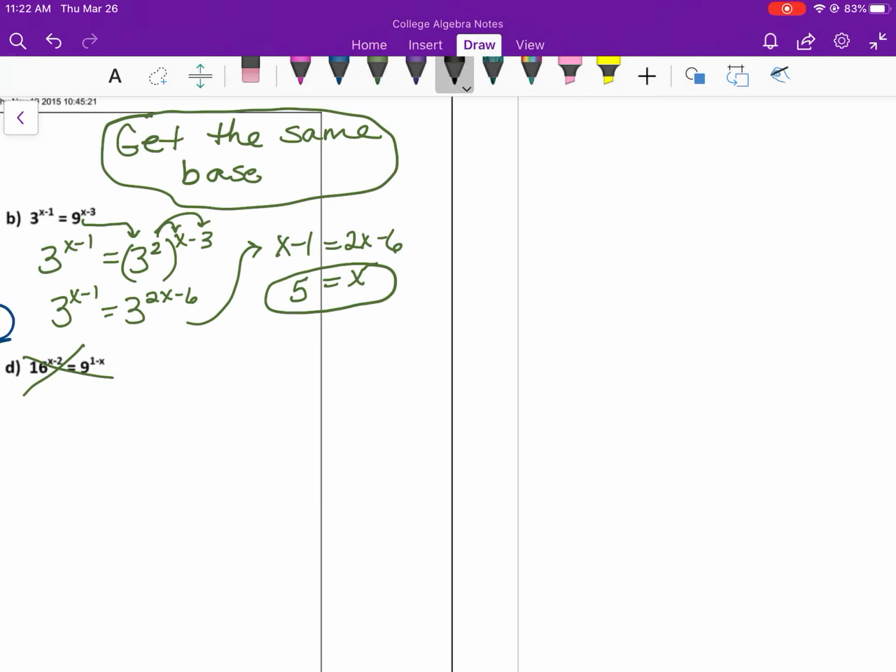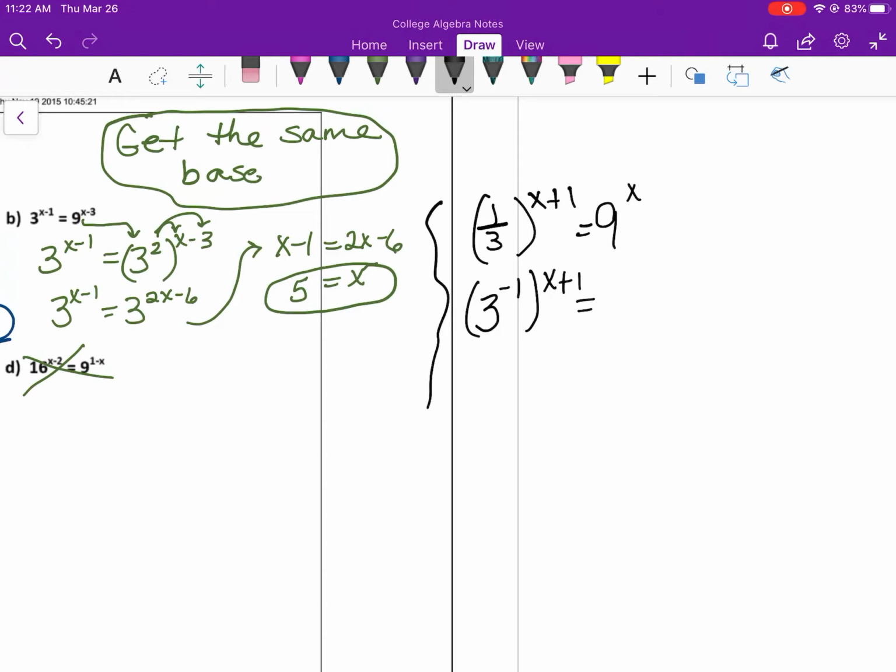Okay, so additional problems. 1/3 to the x plus 1 equals 9 to the x. All right, both 1/3 and 9 can be written with a base of 3. So I'm going to take my 1/3, flip it over, so that changes the exponent. And then 9 can be written as 3 squared.